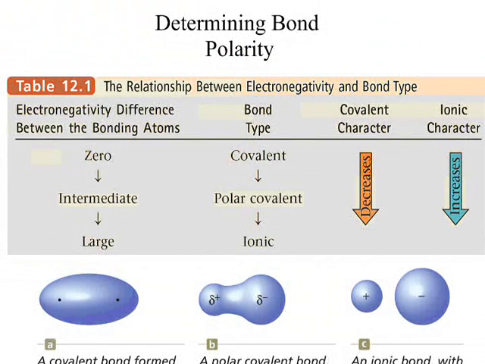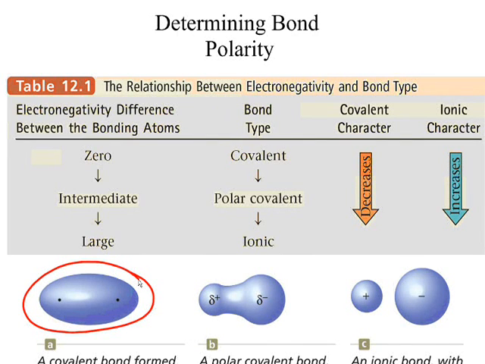So here's kind of a summary then of what we have here. By looking at the electronegativities, if you have a zero difference in electronegativity, you tend to create, when two atoms come together, more of an equal sharing of electrons. So these would be two nonmetals, the same element together. So a Cl2 or an N2, you'd have zero difference in electronegativity, and so you get an equal sharing of the electrons that are involved in the bond.